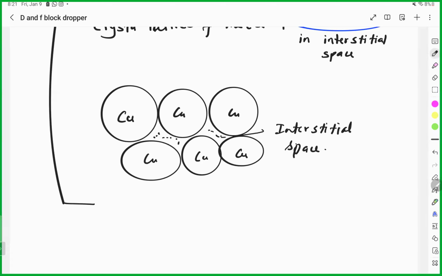They have a very high melting point. If you want to make a material that does not melt easily even at high temperature, you can use interstitial compounds. So the special property is the higher melting point.